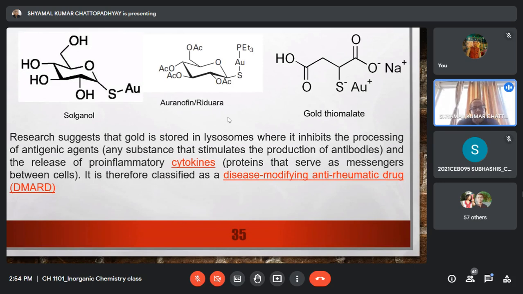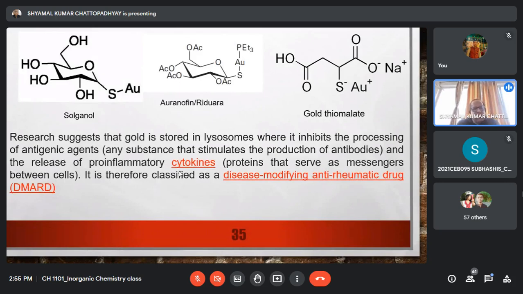But from whatever modern research has revealed, we can say that these gold compounds go to the lysosomes in our body, and in the lysosome these gold compounds prevent the release of pro-inflammatory cytokines. Now in COVID, we were always seeing on TV or in discussions that cytokine storm actually kills the patient.